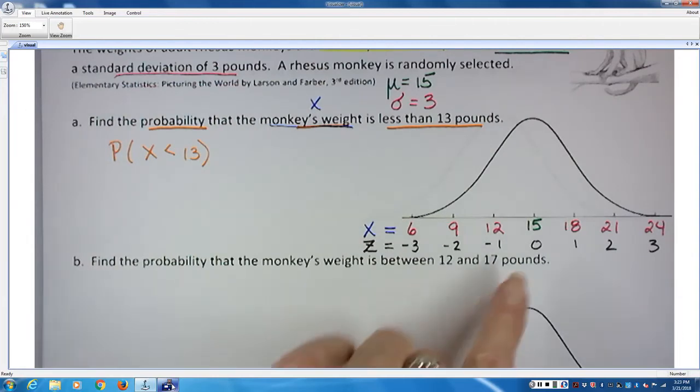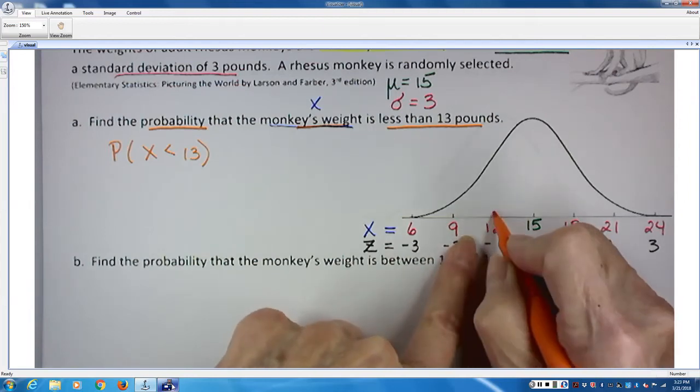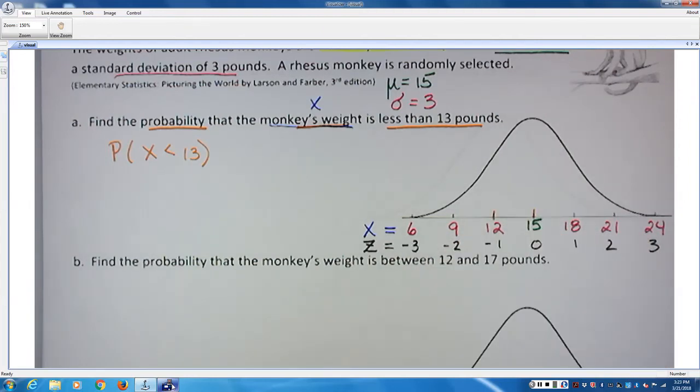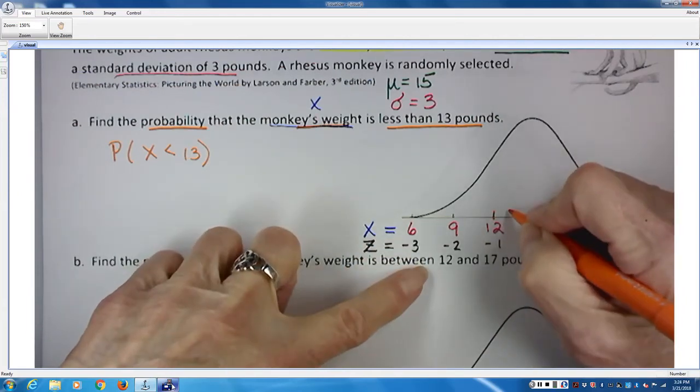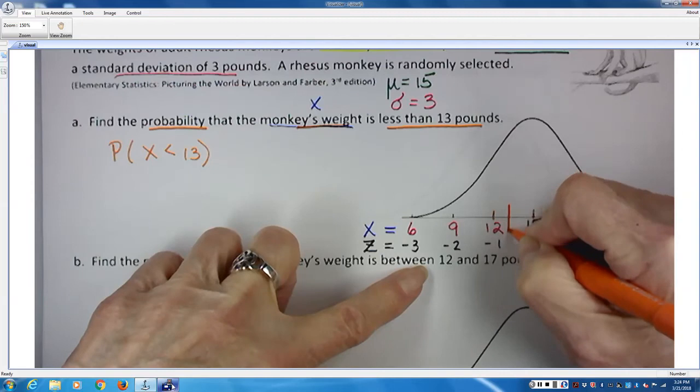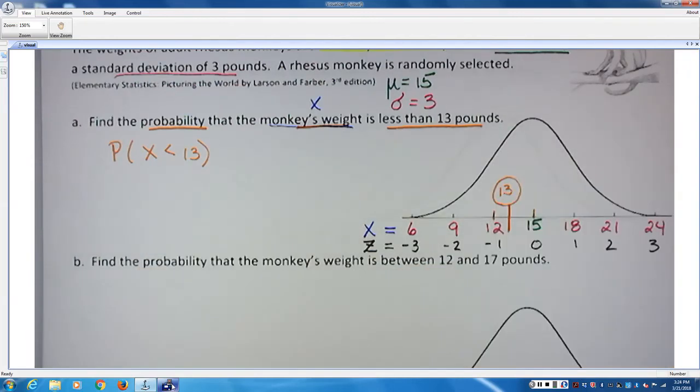Now we can make a fair guess as to where 13 is, because 13 is somewhere between 15 and 12, and it's actually closer to 12 than it is to 15. So 13 pounds should be along about here. Should be right about there.